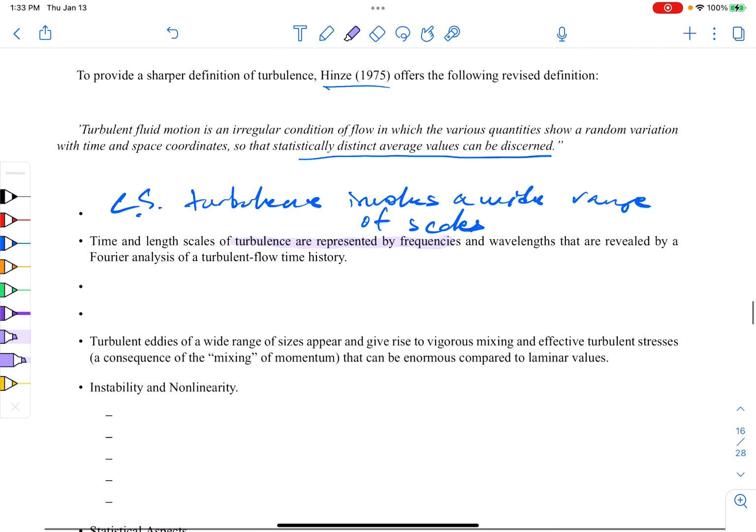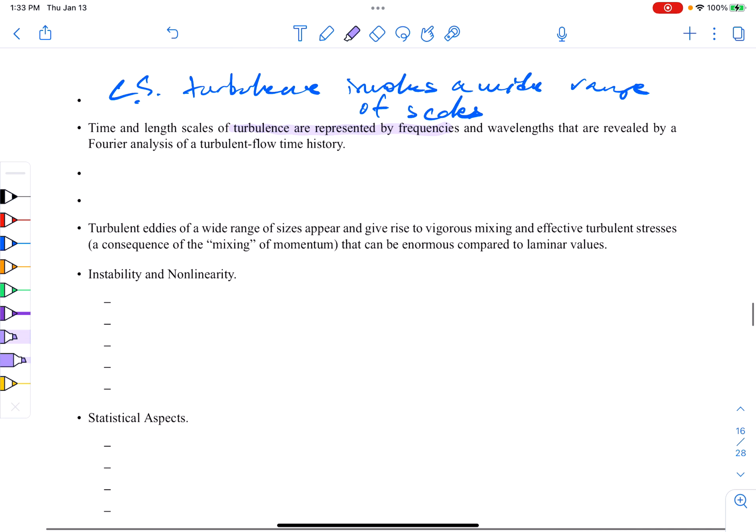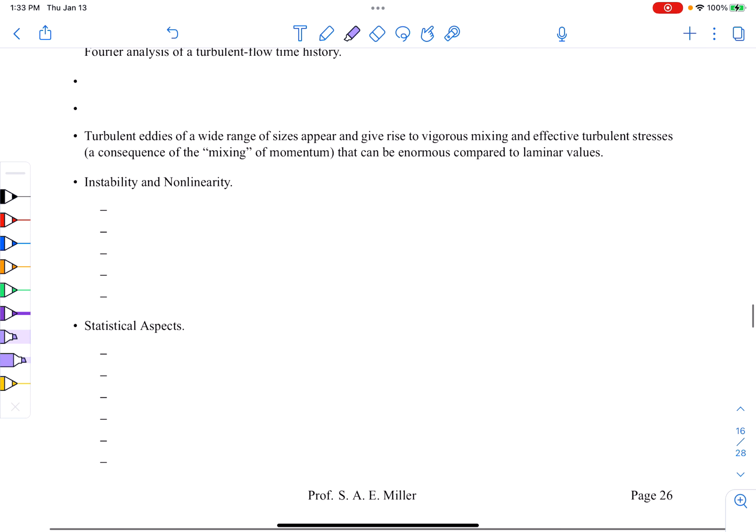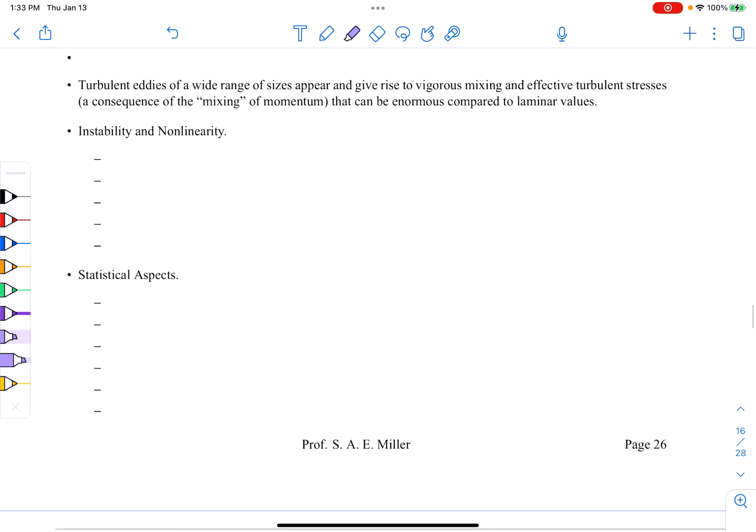In the interest of time, I'm going to come down here to making some notes about where this turbulence is coming from. The first is on instability and nonlinearity. And when we look at the Navier-Stokes equations, even if we have a laminar flow, there's a nonlinear term in the momentum equation and that nonlinear term causes the flow to be unstable due to any small perturbation.